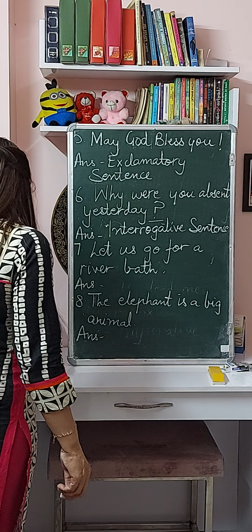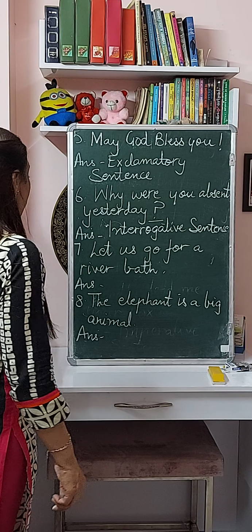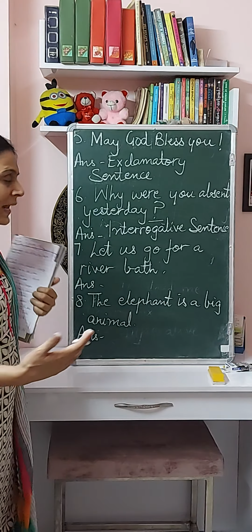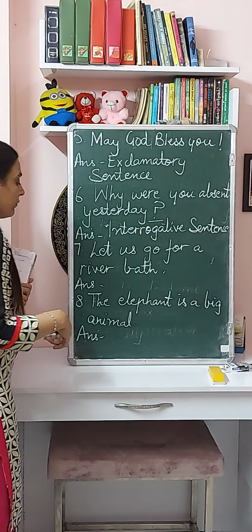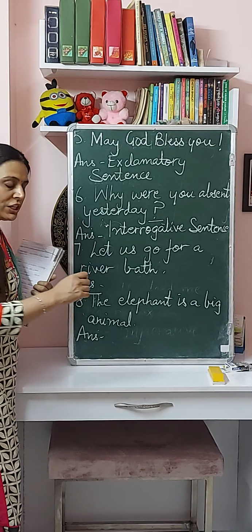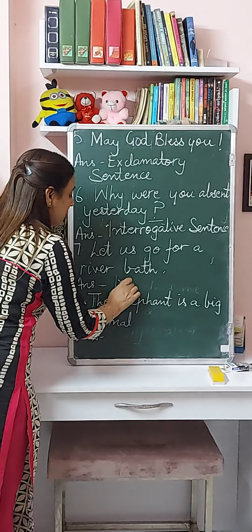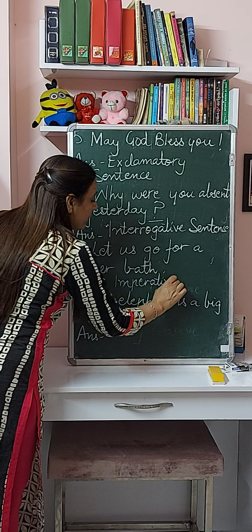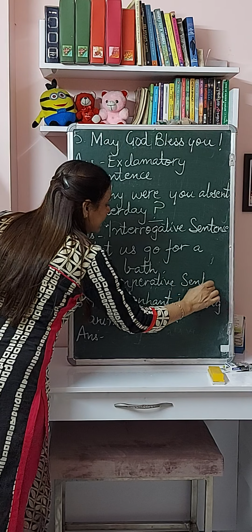Then next we have, let us go for a river bath. Now here you are giving a suggestion. Alright, let us go for a river bath. So when you are giving a suggestion, what kind of sentence does it become? It becomes an imperative sentence.